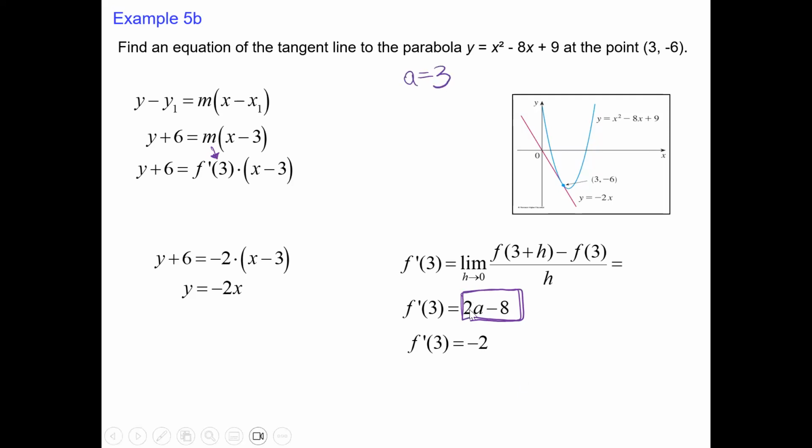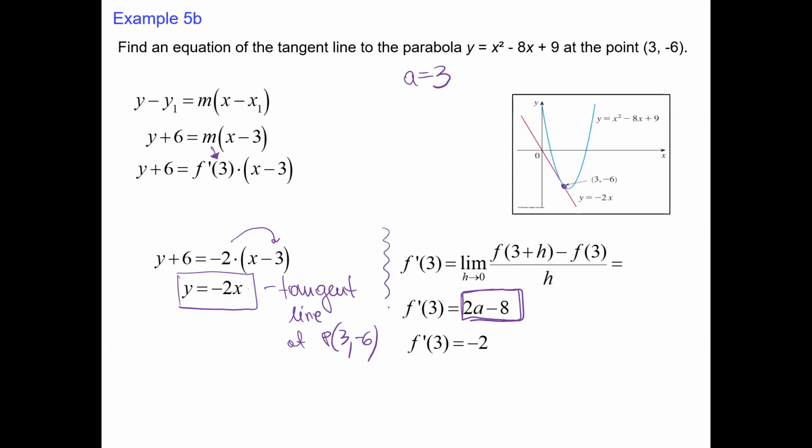That means I'm substituting 3. 2 times 3 minus 8 is -2, and now I am substituting. When I distribute, this will be +6 and +6, they are cancelled out. This is the tangent line at the point 3, -6, we can see here.